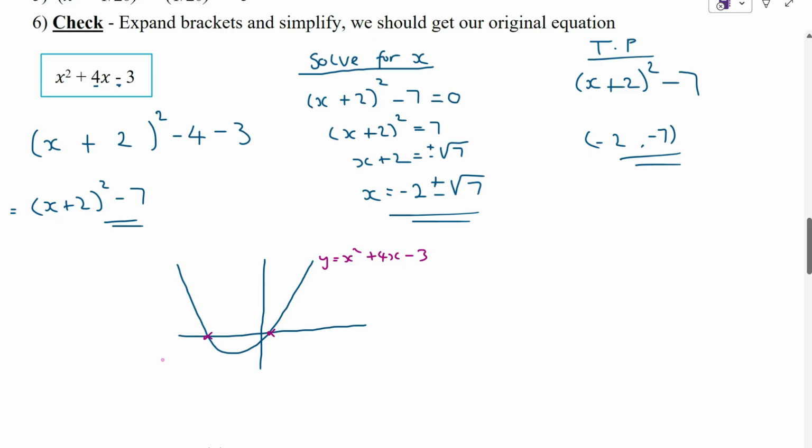So this would be -2 minus √7, and this would be -2 plus √7. Now this is just an estimate drawing of a graph. It might be off a little bit, but this is the theory behind it. And the turning point, which is the lowest point of the graph, would have the coordinates -2, -7. Okay, and this is how we use completing the square.